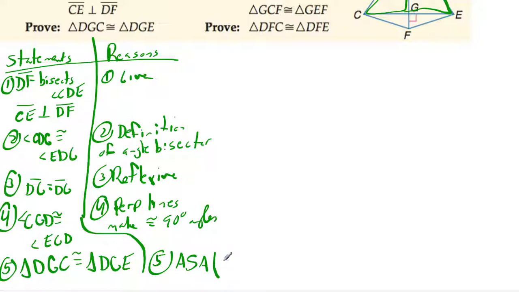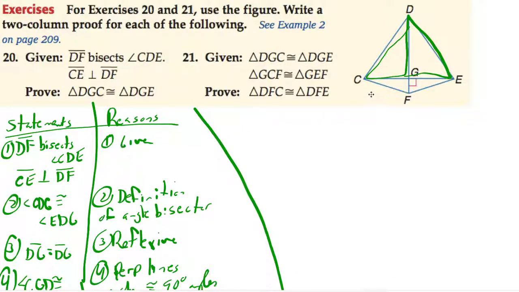I got the angles in steps 2, the side, step 3, and 4. So these two are perpendicular, making these right angles. These angles are bisected, and this is congruent to itself, reflexive property. Should put that property. And so we have angle, side, angle.